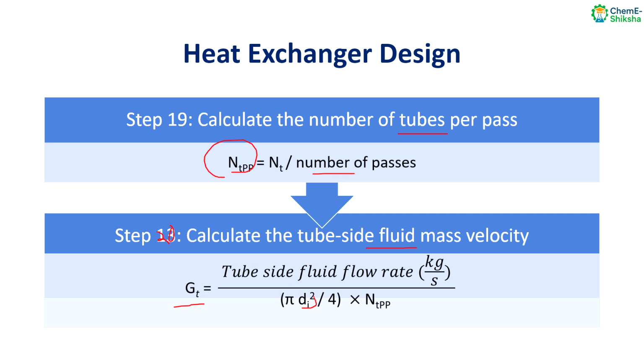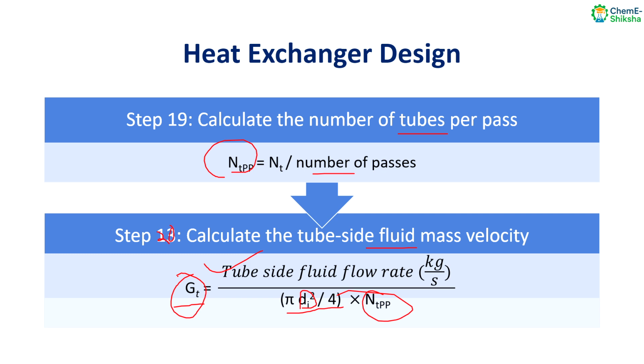Here di is the tube inside diameter, so pi di square by 4 is the tube inside cross sectional area, into the number of tubes per pass. If we divide the tube side fluid flow rate in kg per second by this, we will get the mass velocity of the tube side fluid.